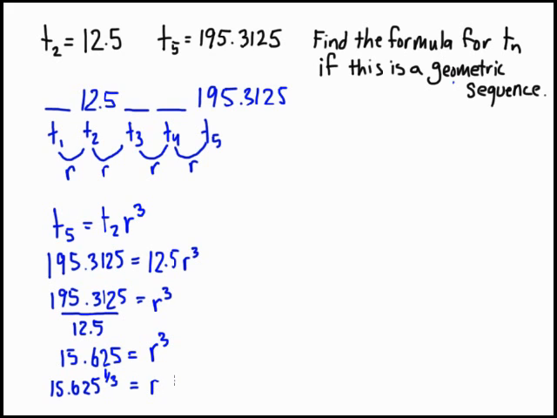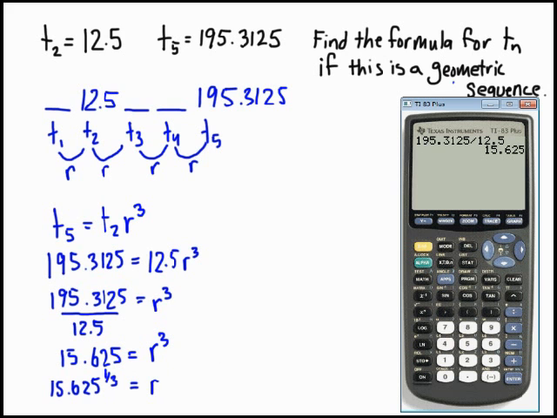On the calculator, we enter the answer to the power of, in brackets, 1 divided by 3. It's important to use brackets so that it raises everything to the power of 1 over 3. Otherwise it'll just do to the power of 1 and then divide by 3. So that ends up being 2.5.